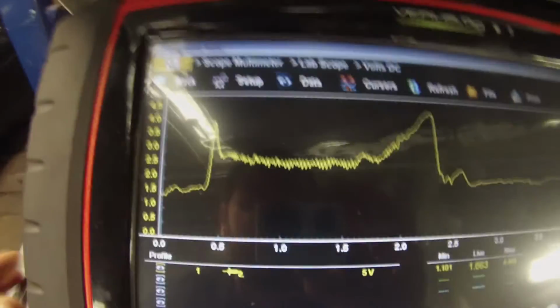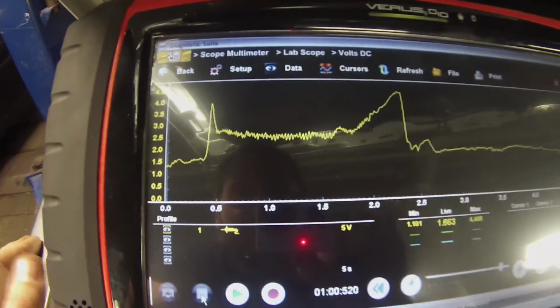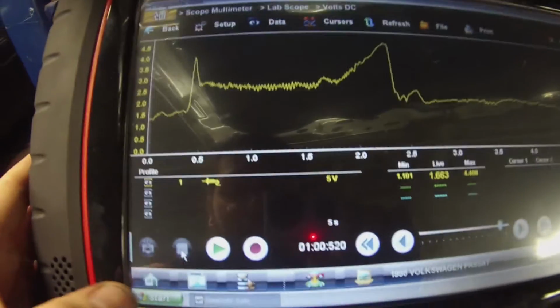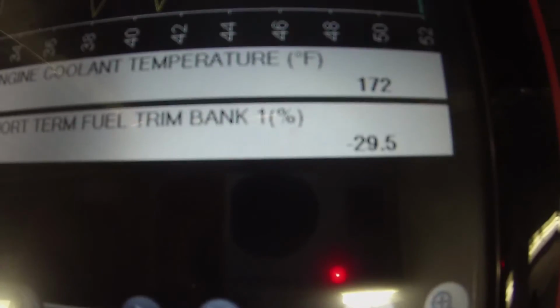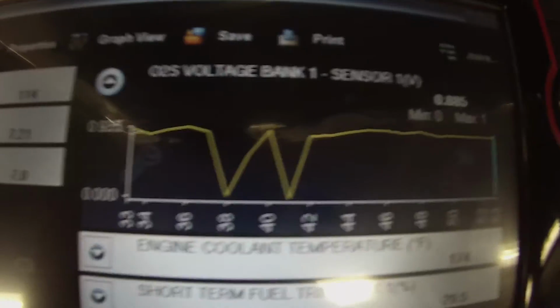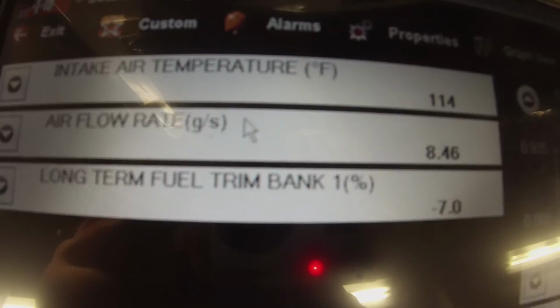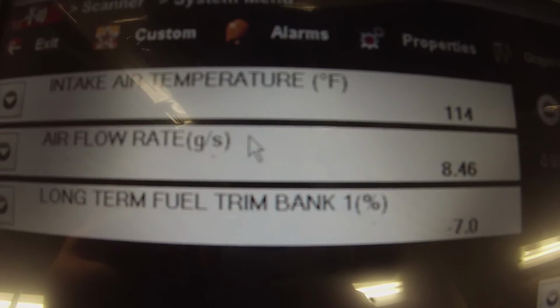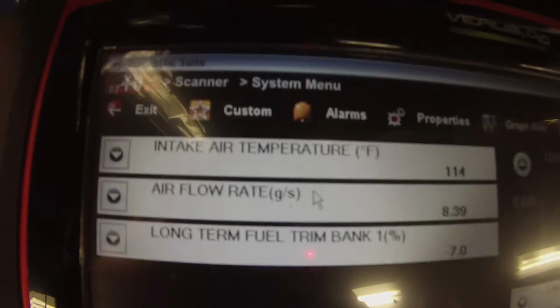This car needs a mass airflow sensor. Let's go back to our scan data just to see what we're getting there. Still negative 29.5. O2's fixed pretty rich. My intake air temp is good. My coolant temp is good. My mass airflow reading is a bit skewed because the ECM is also trying to compensate for this rich condition.